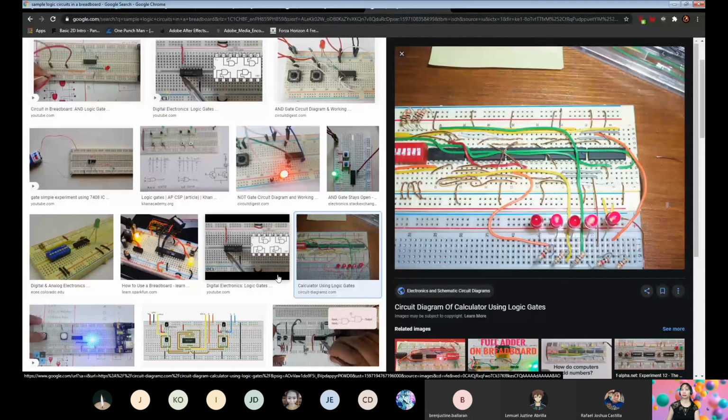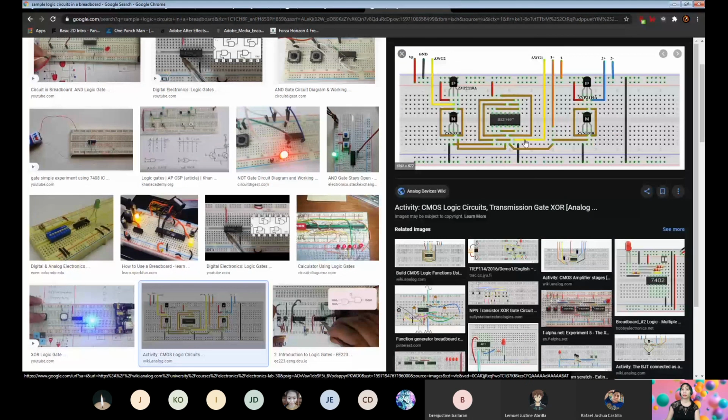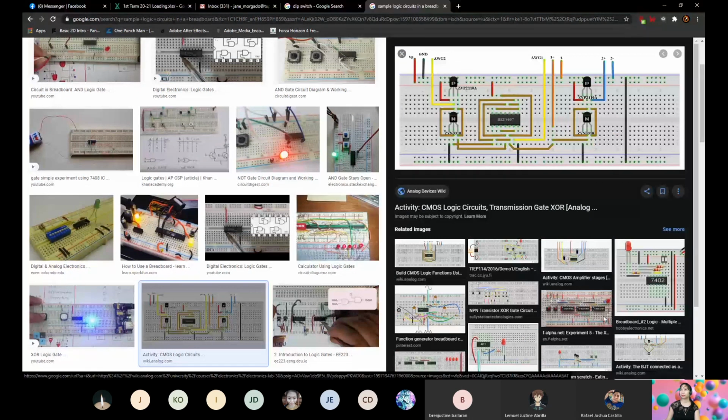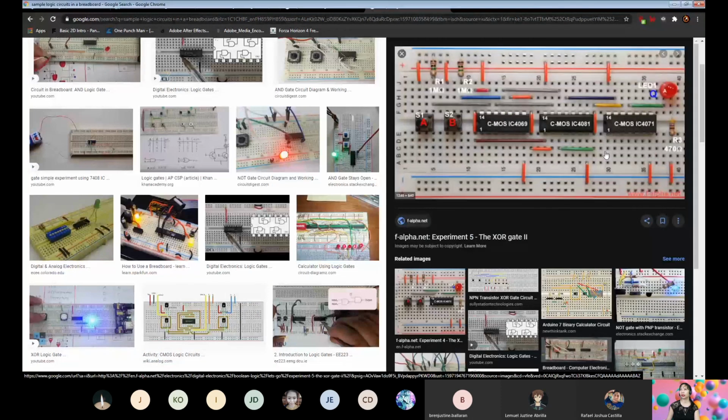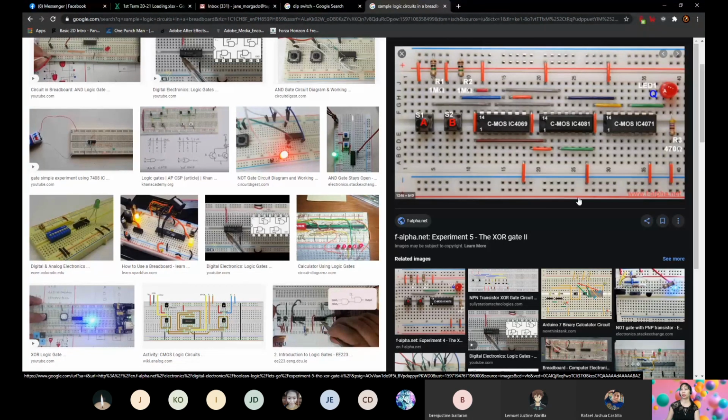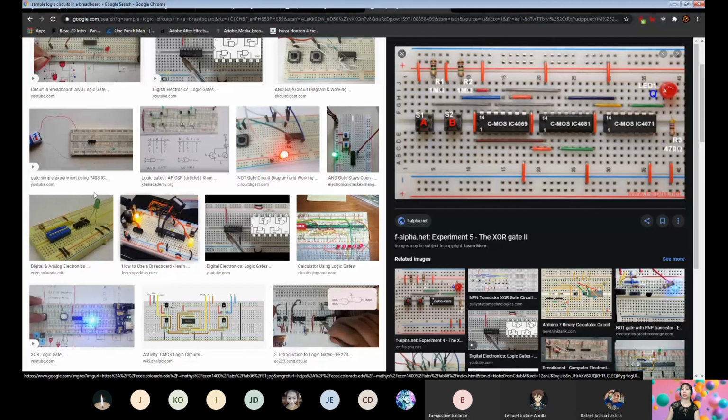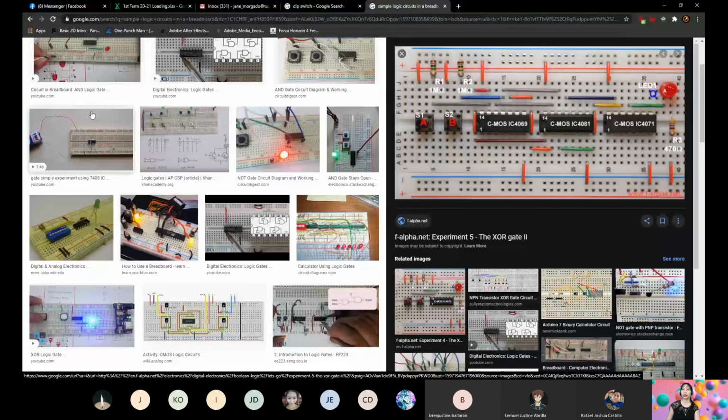Ayan, maganda pagkaka-layout niya. Pag kayo nagsi-circuit na, I would require you to have this type of wiring. Dapat malinis. Straight dapat. Okay? Ano pa? Let's see.